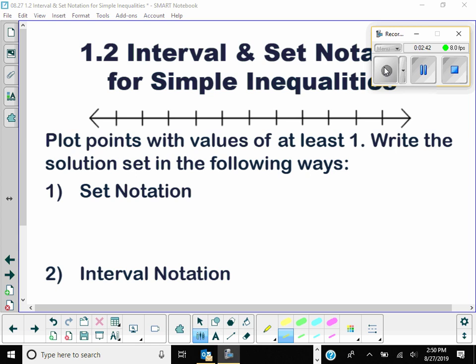Talking about interval and set notation for simple inequalities. Later we'll talk about inequalities that aren't so simple, but today they'll be pretty straightforward. Which of these kinds of notations have we already talked about since school started? Set, right?